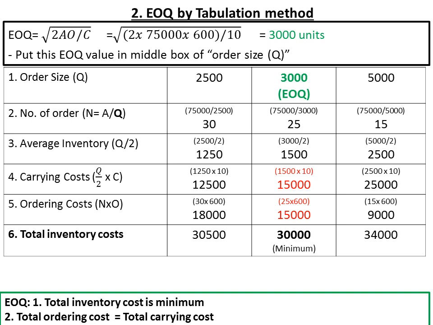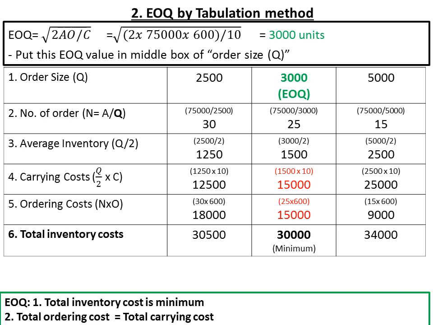And next we have to calculate the ordering cost, N into O. N means row number 2. Look at row number 2, number of orders N, that is 30, 25 and 15. And O means the ordering cost per order. Look at the given question, which tells us rupees 600 as ordering cost per order.